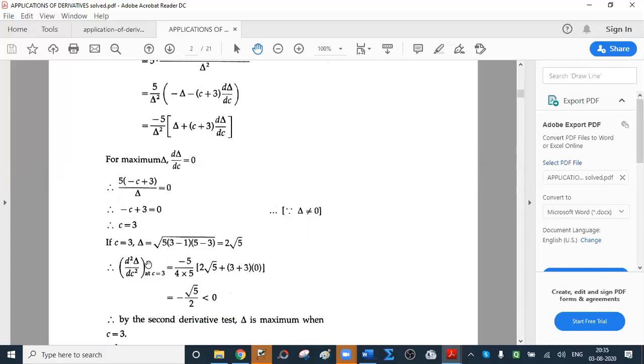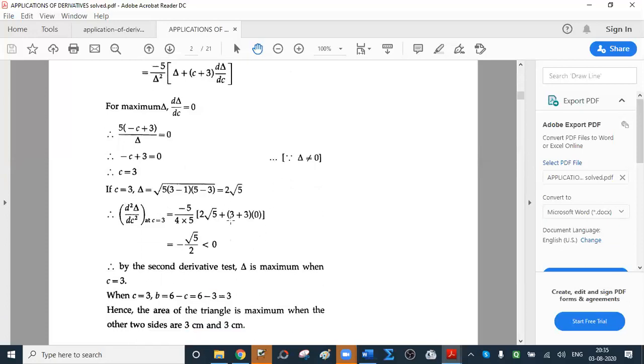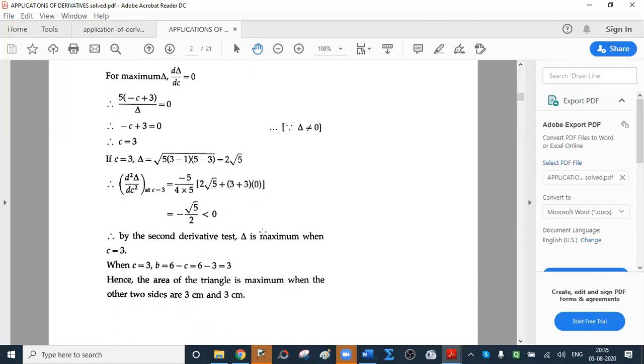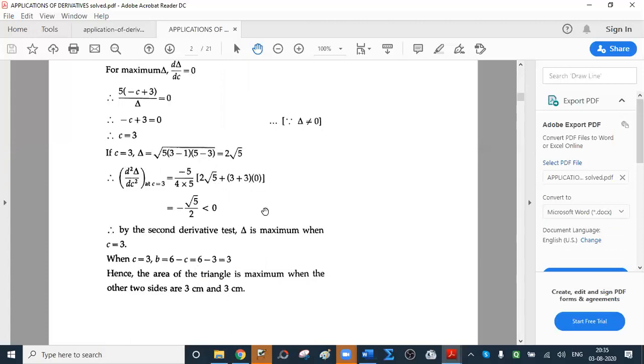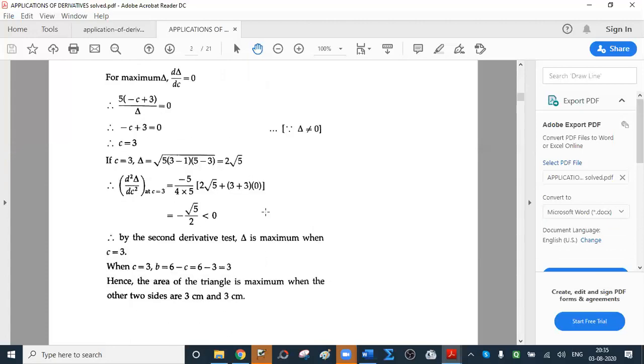So effectively second derivative is negative. So by second derivative test, delta is maximum when c equal to 3. Now when c is 3, what is b? 6 minus c, that is 6 minus 3, that is 3. Hence the area of the triangle is maximum when the other two sides are 3 and 3. Okay, so this is nothing but sum number 16.